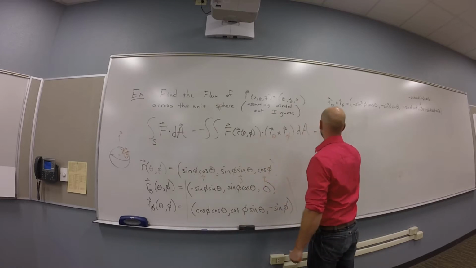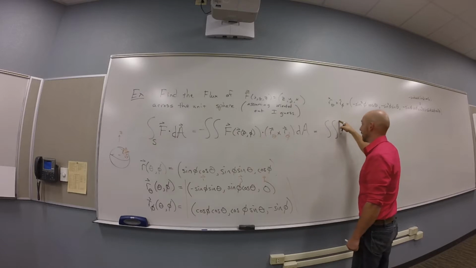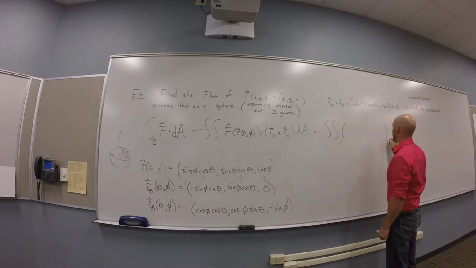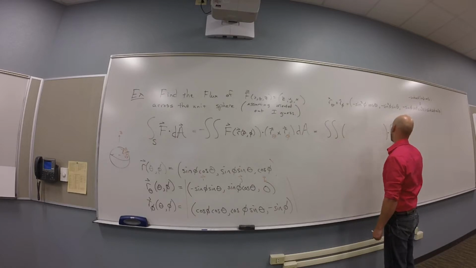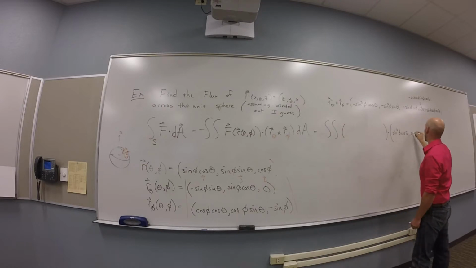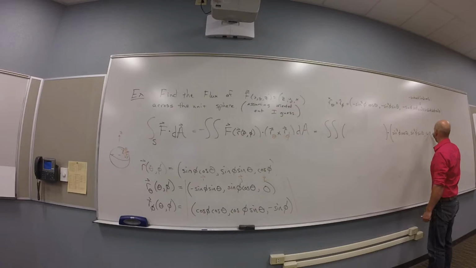So this is going to be the double integral. I'll need bounds in a second. Then I need something here, and then I need to dot with this thing, and I'm going to flip the signs. So I've got sine squared phi cos theta, sine squared phi sine theta, sine phi cos phi.